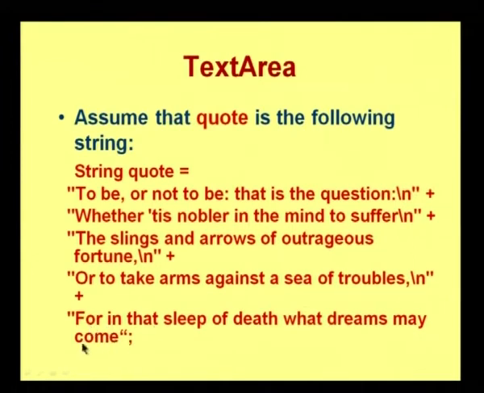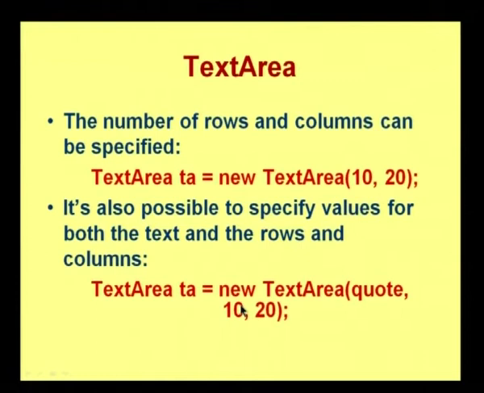Automatically this will be taken and your text area will be created, along with horizontal and vertical scroll bars. Whereas in this case, if you specify the size, then only that number of columns and that number of rows will be constructed.